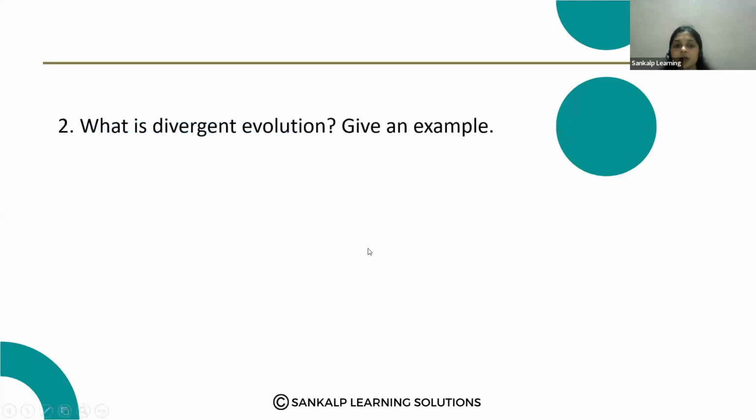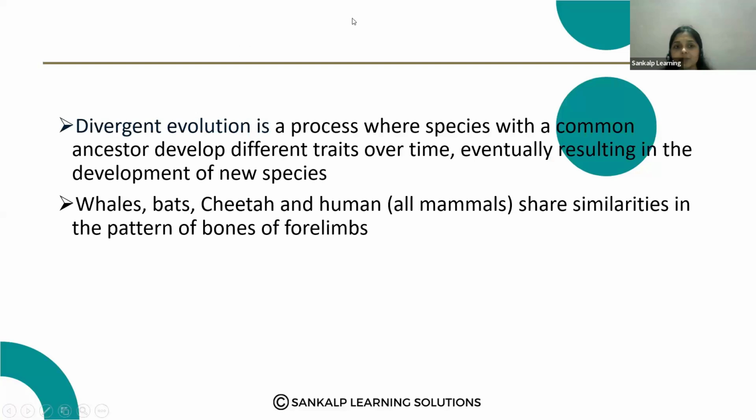Next question. What is divergent evolution? Give an example. Divergent evolution is a process where species with a common ancestor develop different traits over time, eventually resulting in the development of new species.